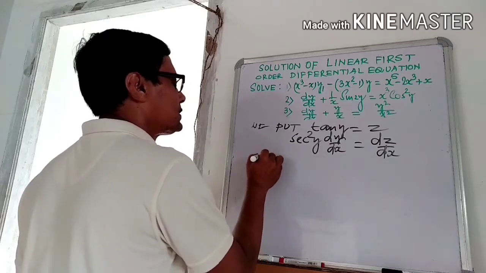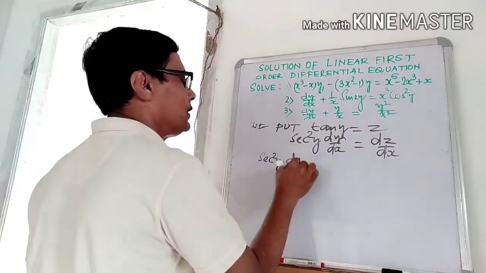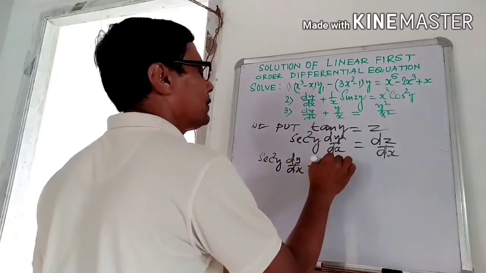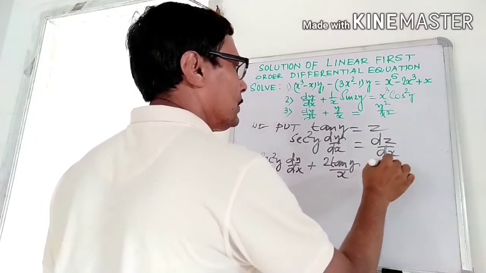The equation was sec square y dy/dx plus 2 tan y by x equal to x cube.